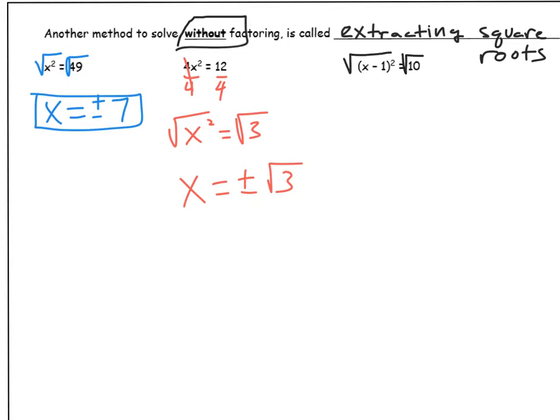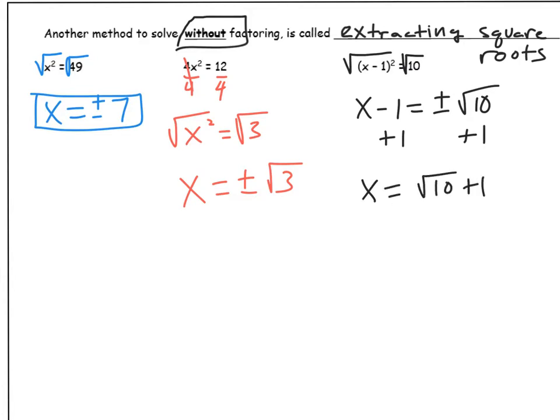Start with the square root here, and we'll get x minus 1 is plus or minus the square root of 10. And then add 1, which would give us 2 solutions. You could have square root of 10 plus 1, or x could be negative square root 10 plus 1.